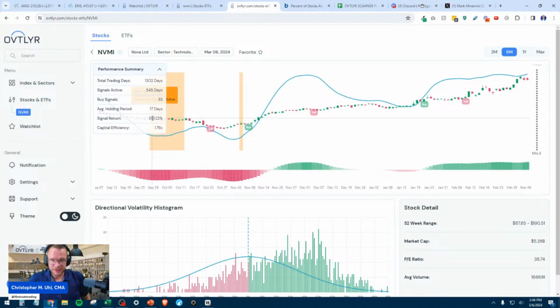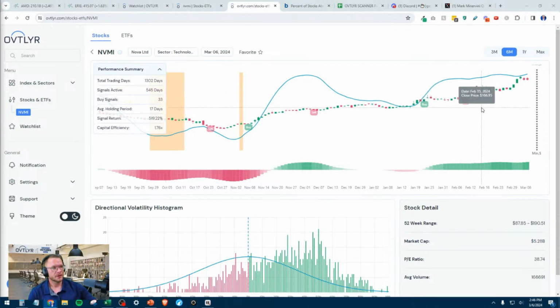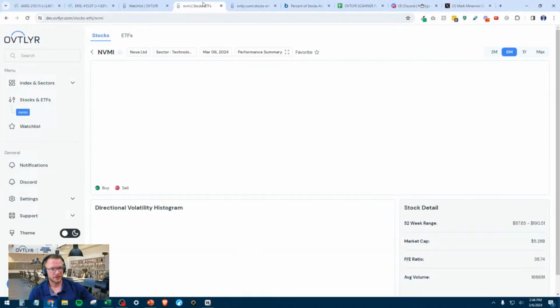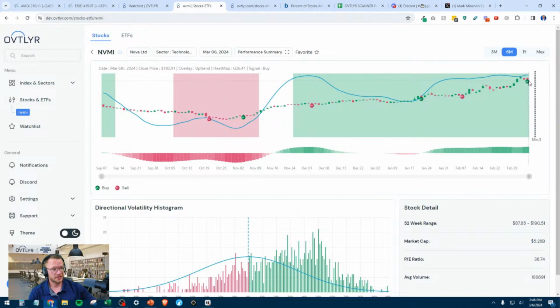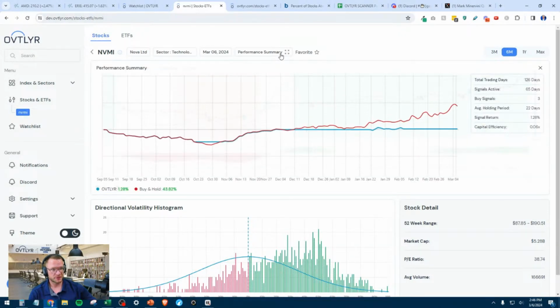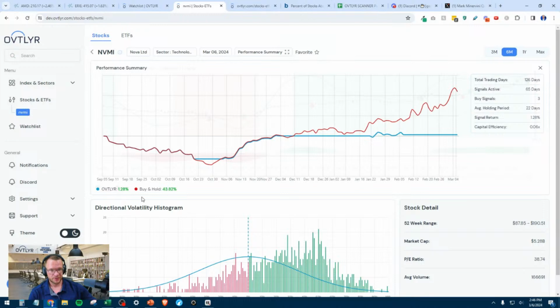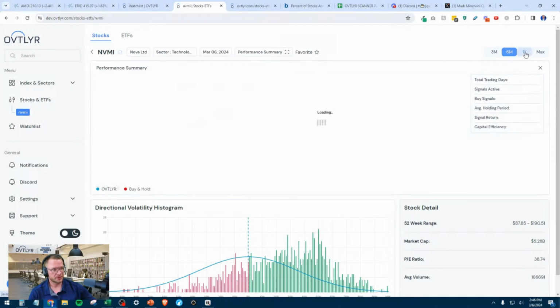That's crazy. We do this. 500% return. I like that. And so we do have the buy signal today on NVMI. Performance summary. Buy and hold 43%. Outlier 1.28%. Let's jump it out to 1 year.